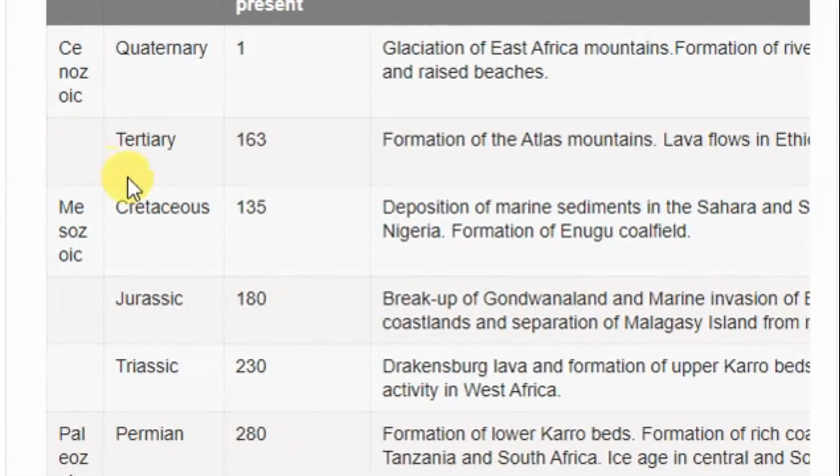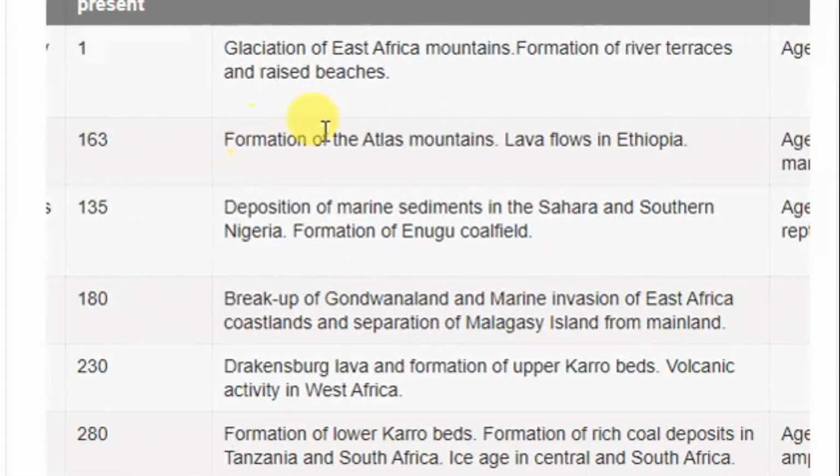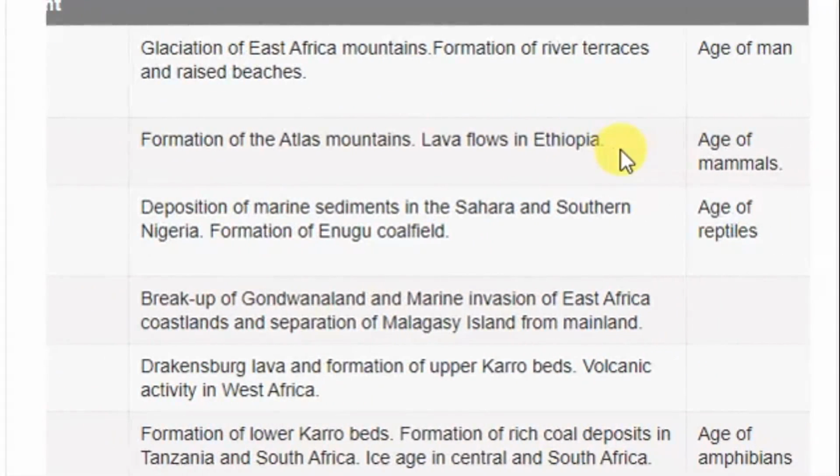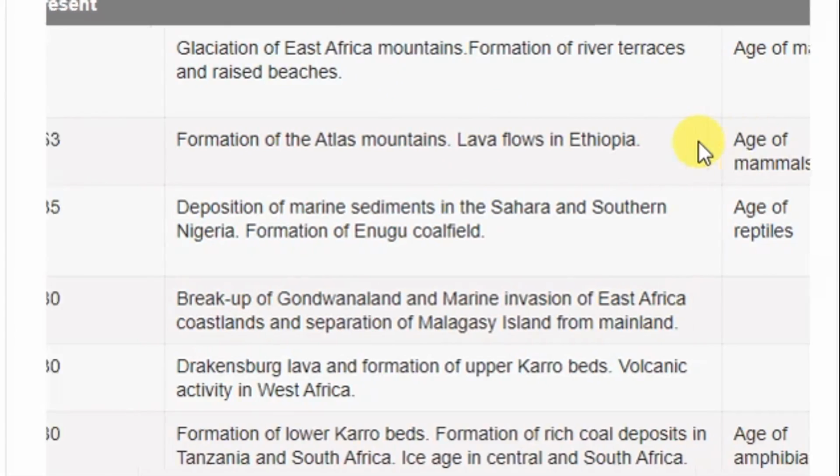Then kwa mfano kuna Tertiary ambao hapa kuna 63 million years from present. Kuna formation of Atlas Mountains, lava flow in Ethiopia. Unaona hii hapa wanaelezea East Africa, Atlas Mountains, Ethiopia, age of mammals. Hapa tuko na different mammals.